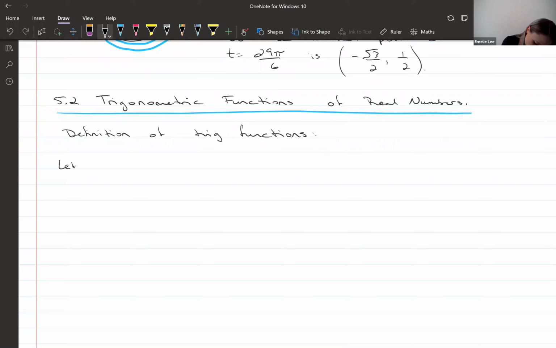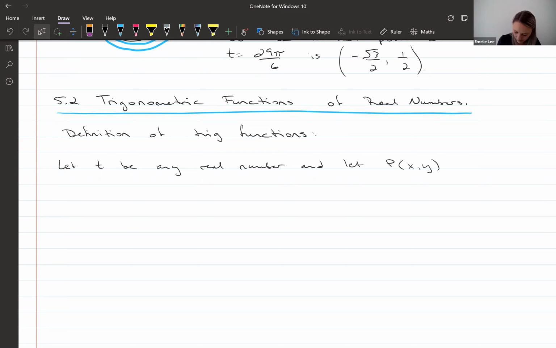So we're going to let t be any real number, and let P(x, y), so the point P, you don't really need the P in front, but it just helps emphasize that it's a point.